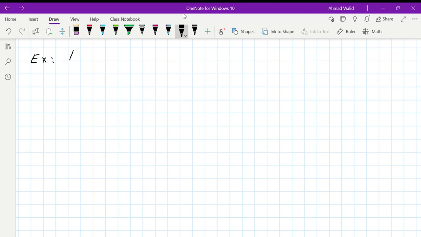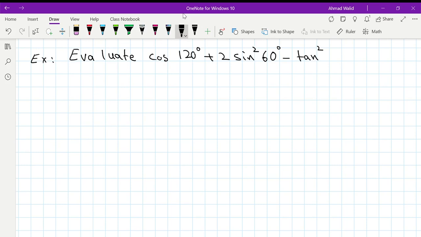Evaluate cosine of 120 degrees plus 2 sine squared of 60 degrees minus tangent squared of 30 degrees. It looks crazy, I know. It says, wow, what is this? But believe me, it's so easy.